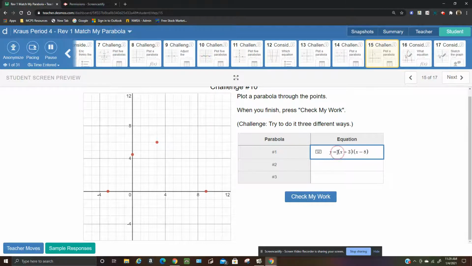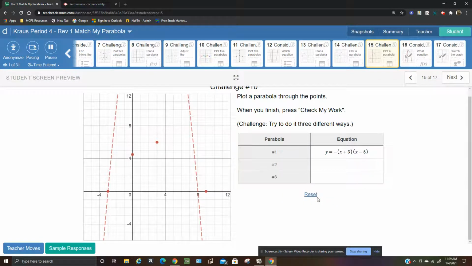And this goes downward, so it's going to be negative, and then that looks like that. Whoops, this should be a 9.